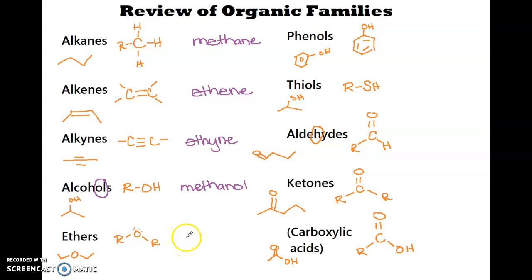Ethers, weirdest naming system possible. The simplest ether, its common name would be dimethyl ether. So that would be oxygen single bonded to the simplest alkyl group on either side. So dimethyl ether, but its IUPAC name would be methoxymethane.